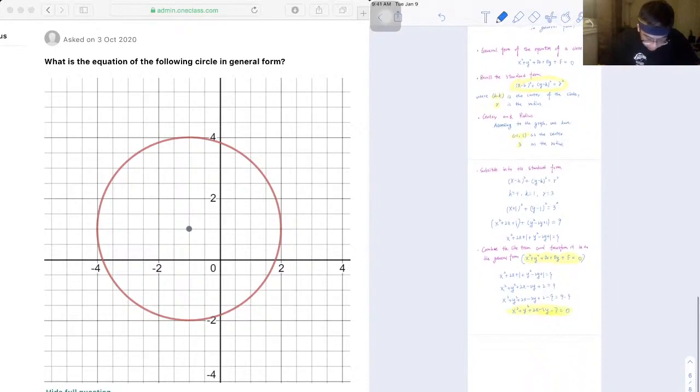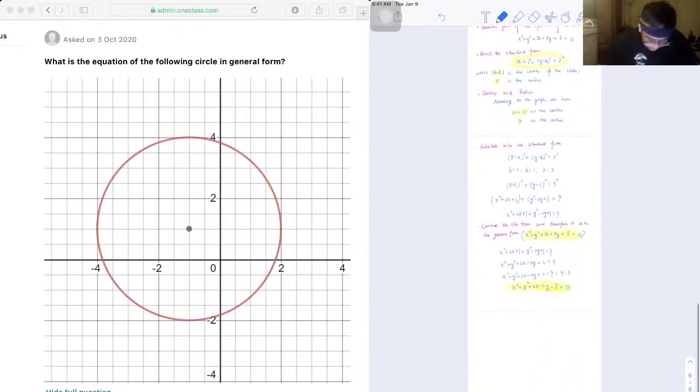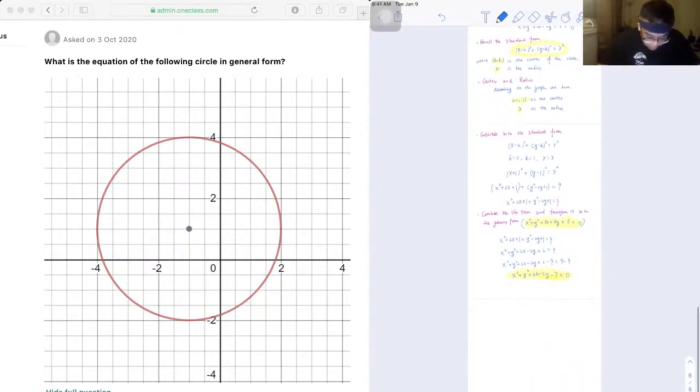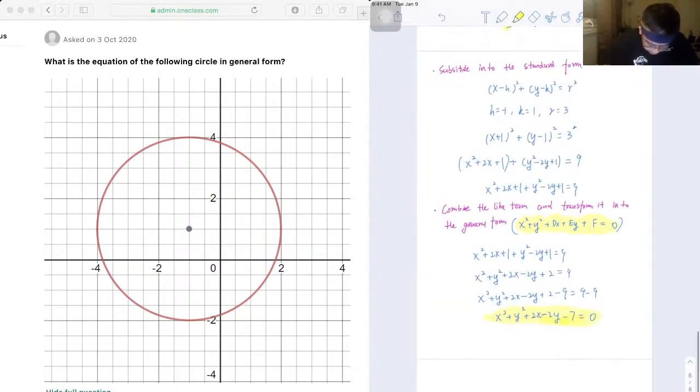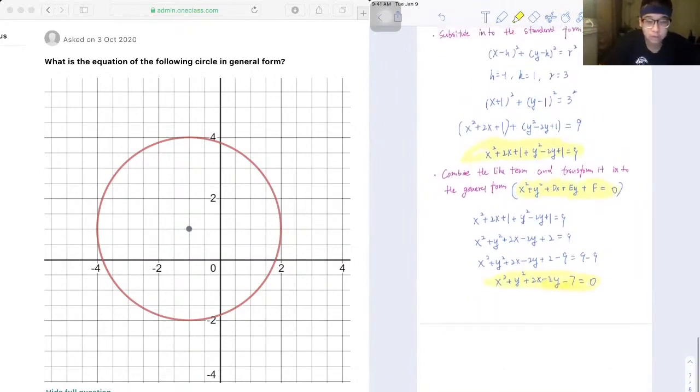After some calculation, we will get something like this, and then we combine the like terms and transform it into the general form. Yeah. So I think that's all we have for this question.